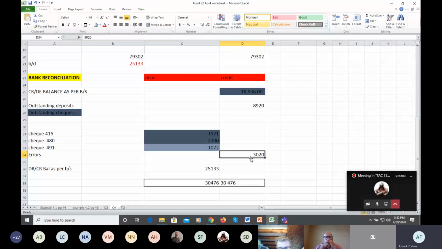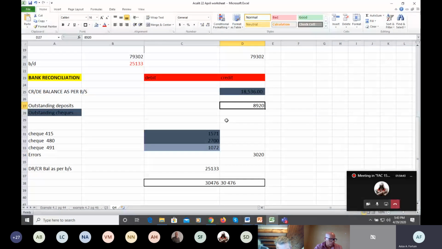Because this is an outstanding deposit, we always credit our outstanding deposits in our bank recon.